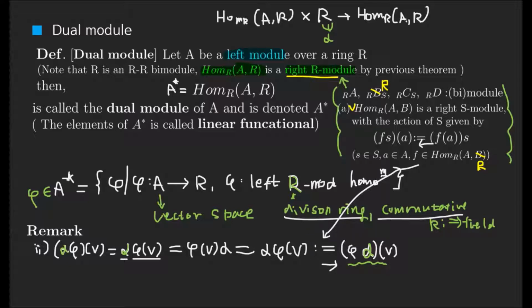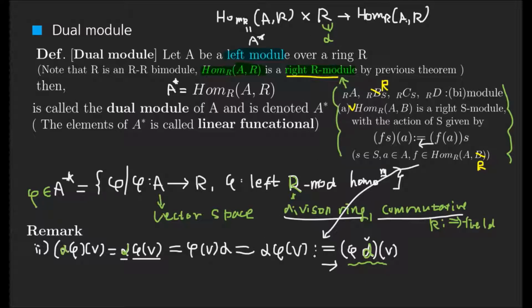But note that originally, this is a generalization of a dual. This is a good generalization of vector spaces. So every dual module is a right R-module. The scalar is originally located on the right side.